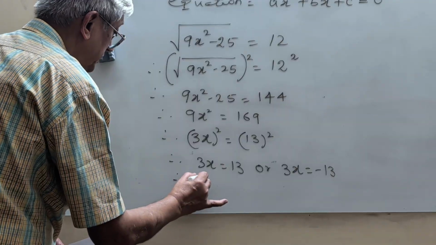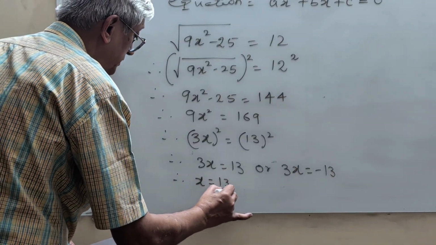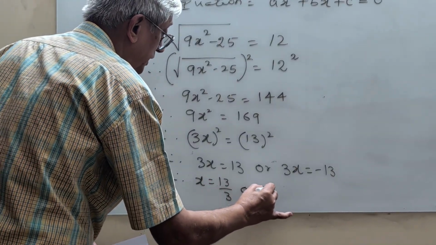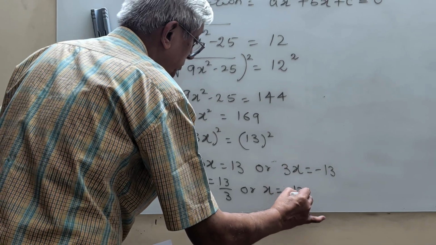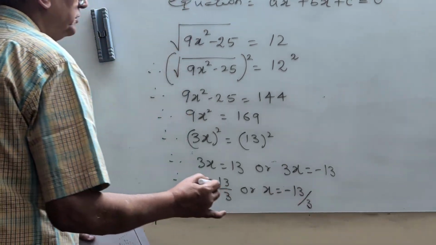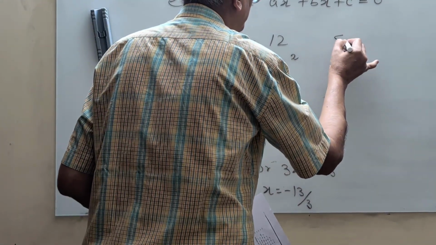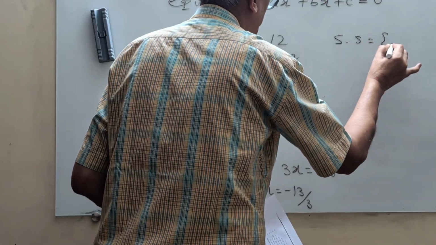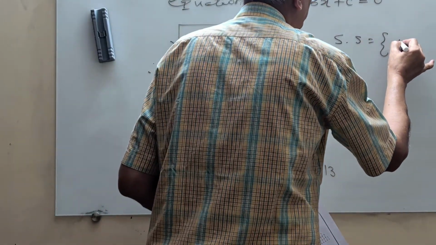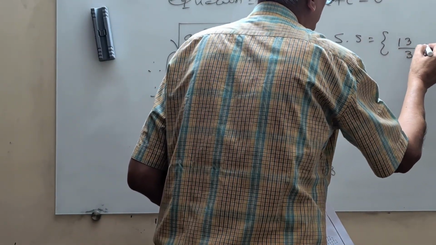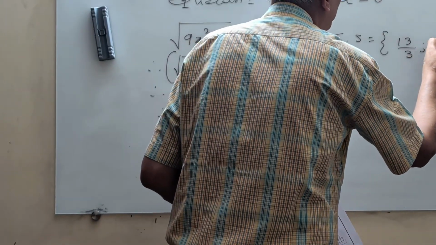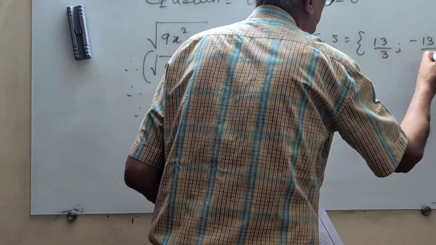Therefore, x is equal to 13 upon 3, or x is equal to minus 13 upon 3. The solution set is 13 upon 3, comma, minus 13 upon 3.